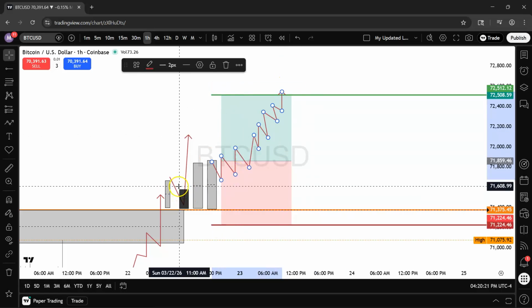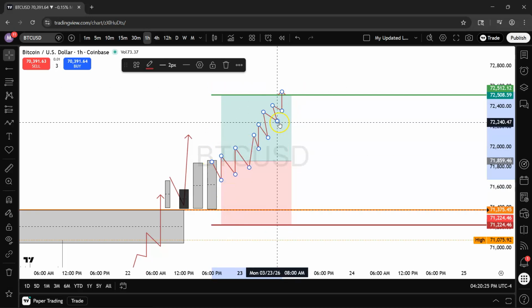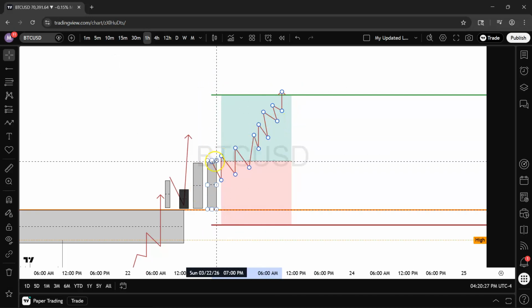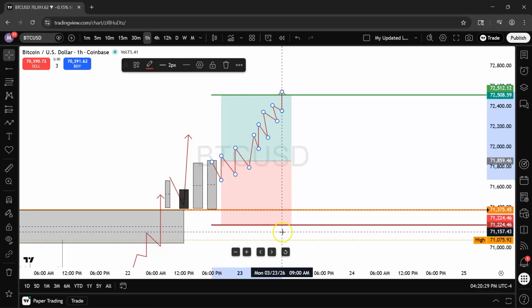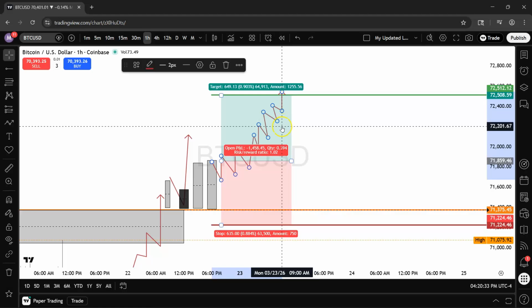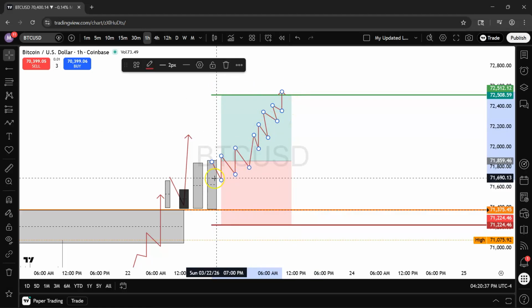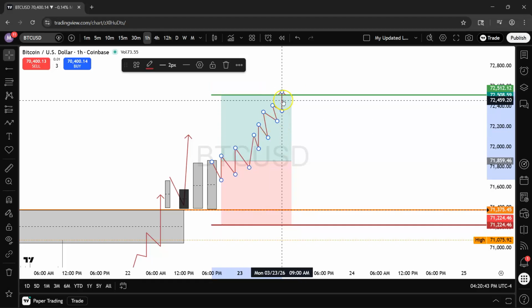I don't know. But that's the strategy, right? It's to get in on the next candle, set your stop loss below and your take profit above, and you set it and forget it. Who knows how long it takes? It may take a couple of minutes, a couple of hours, or a day or two. But I've already set my parameters.